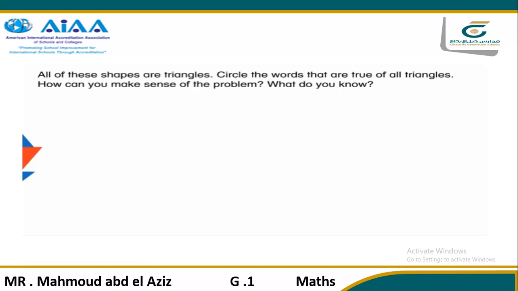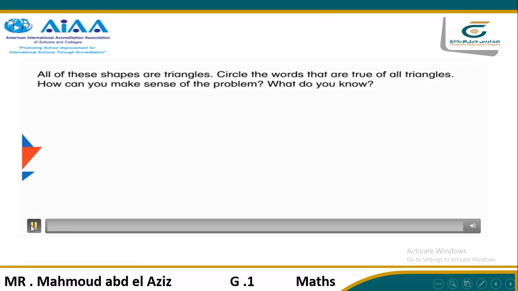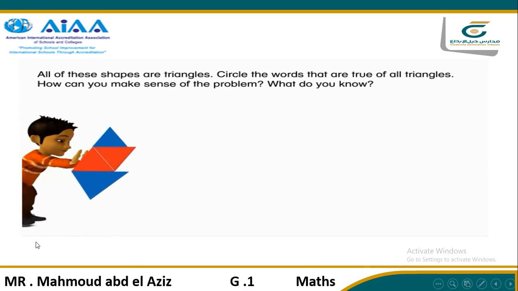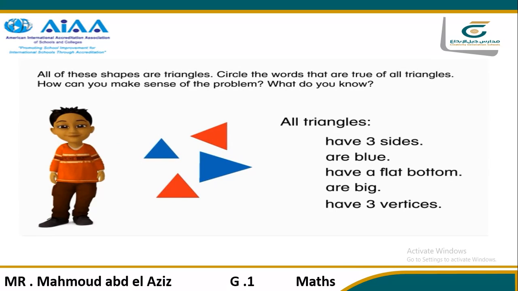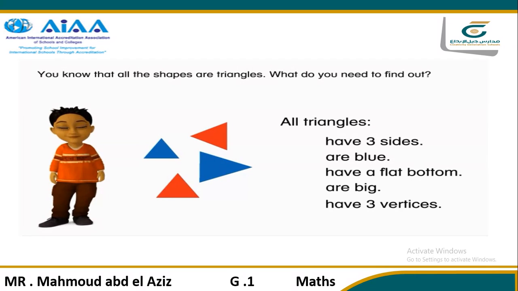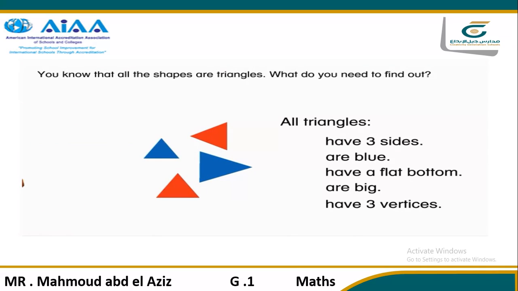With another video here. All of these shapes are triangles. Circle the words that are true of all triangles. How can you make sense of the problem? What do you know? You know that all the shapes are triangles. What do you need to find out?